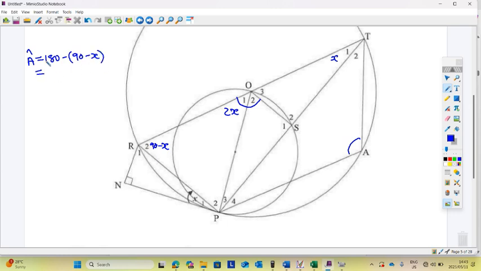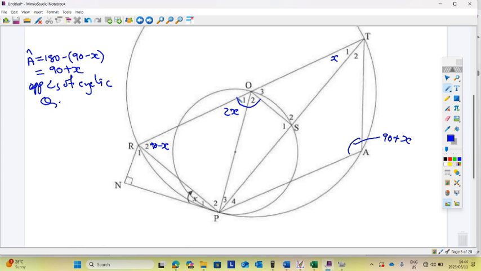And this is equal to 180 minus 90 plus x. So we are saying this one is 90 plus x. Reason for that, opposite angles of cyclic quad. That is our reason there.